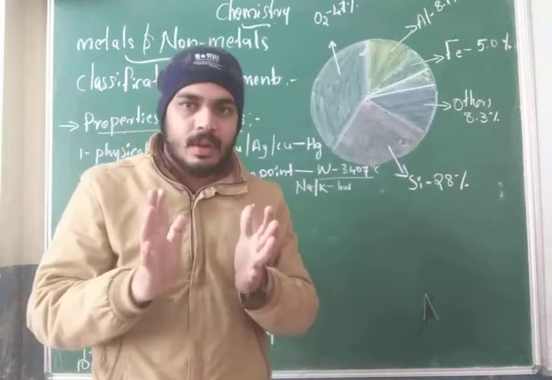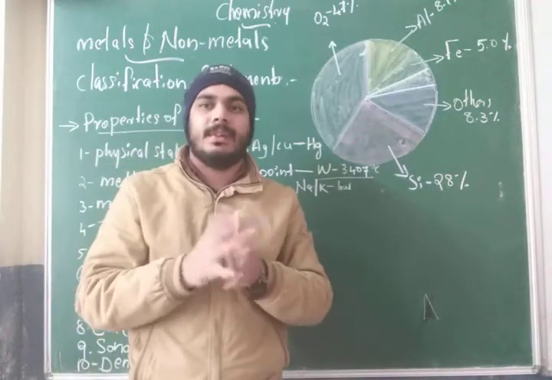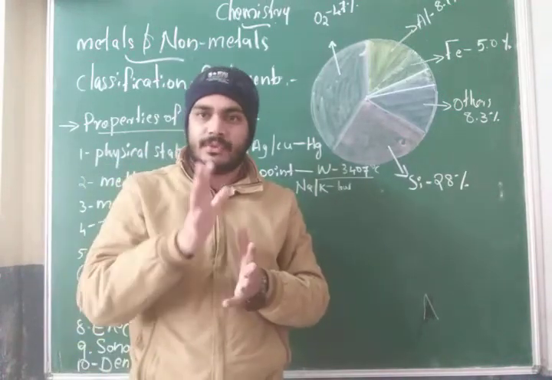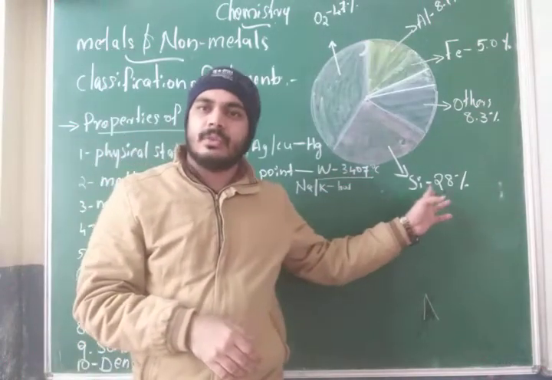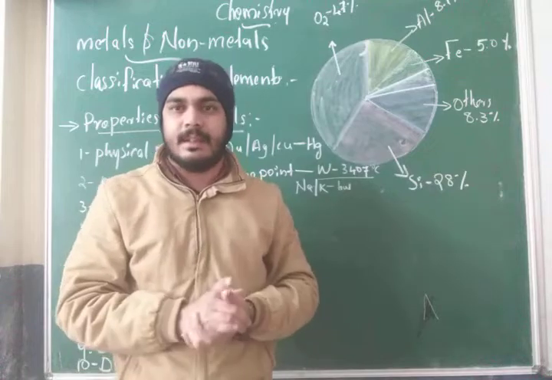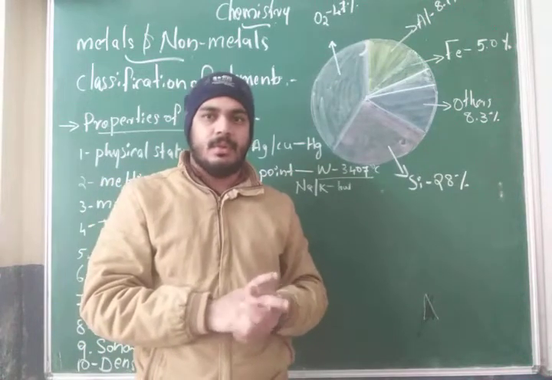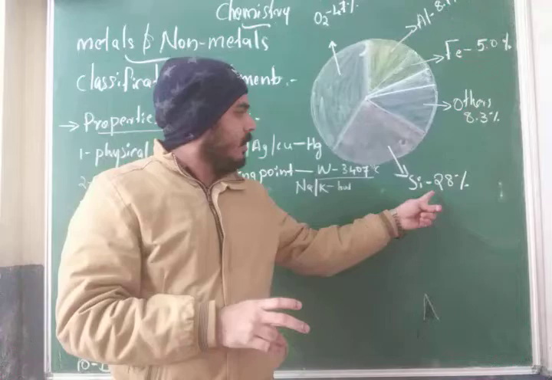And the second one, silicon. There is 28 percent silicon present in the earth crust. First one oxygen, second one silicon.